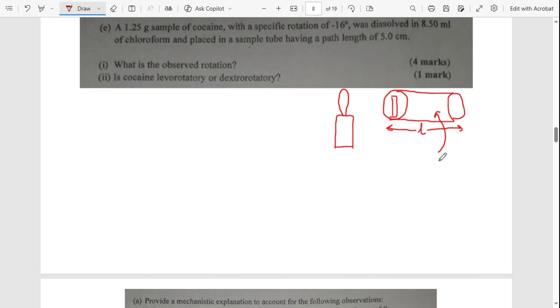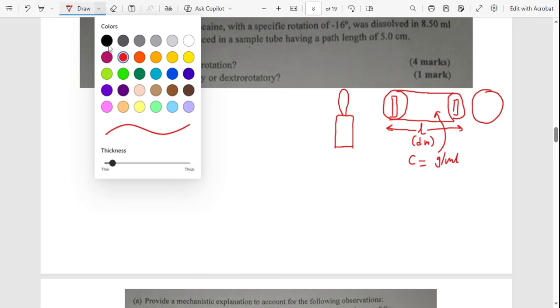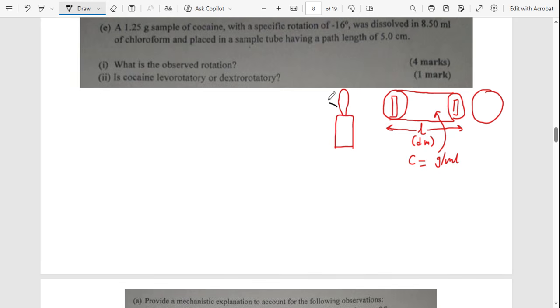The concentration you want it to be in grams per mL. The concentration of the compound that is there. The length, you want it to be in decimeters.